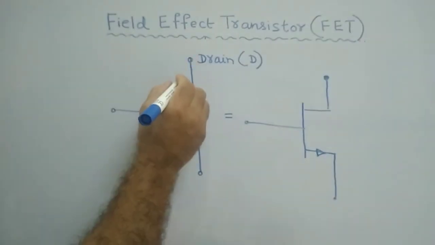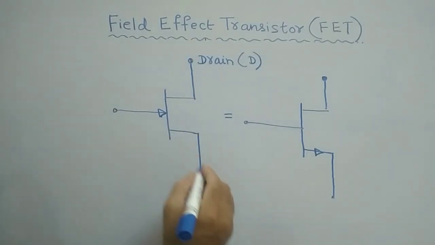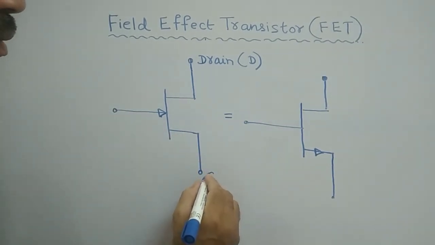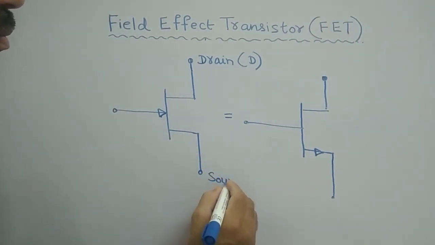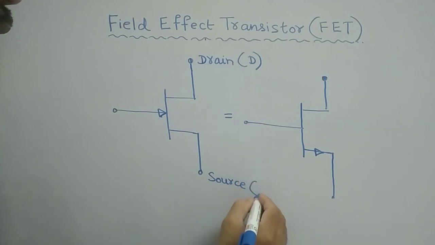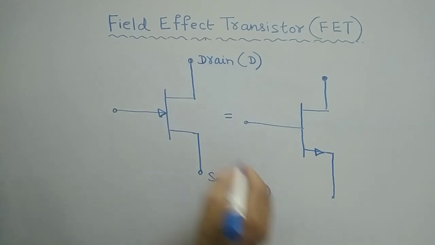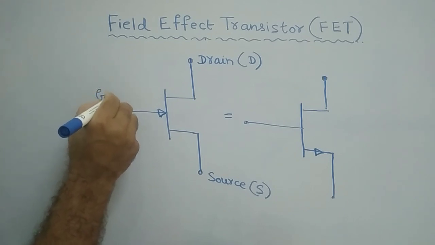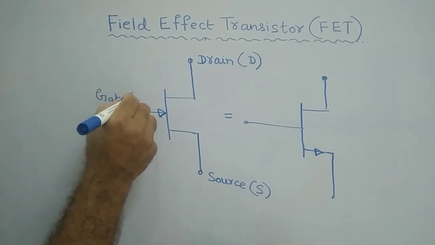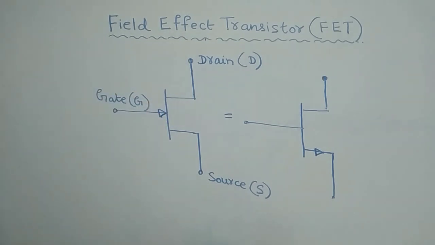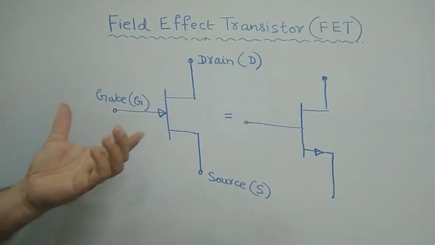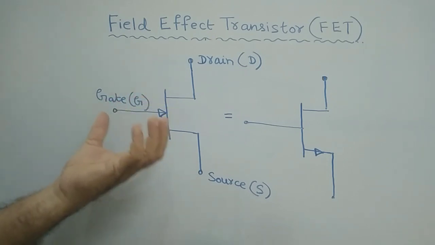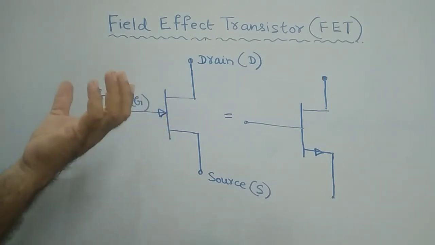This is the source terminal, denoted by the letter S, and the third terminal is the gate, denoted by the letter G. This is the basic electrical equivalent representation of a FET.